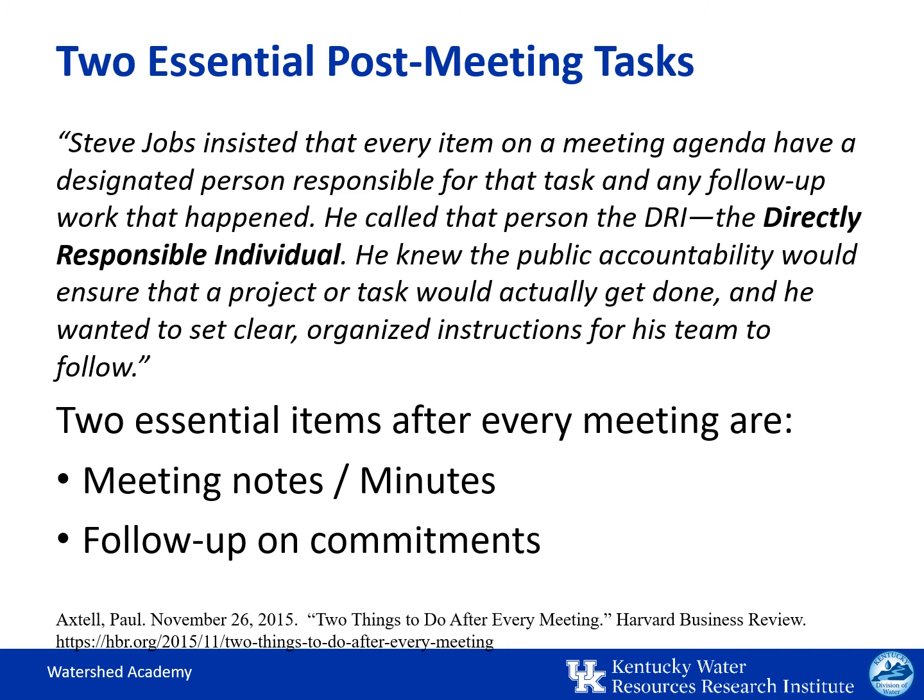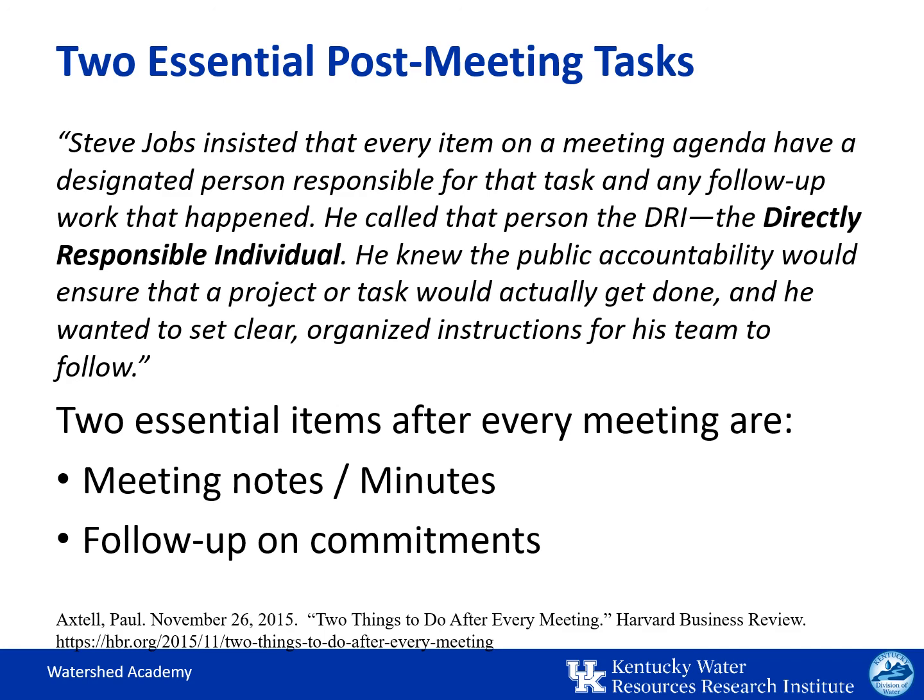He insisted that every item on a meeting agenda had a designated person responsible for that task, and any follow-up work that happened. This is called the DRI, the directly responsible individual. The idea is that they were publicly accountable and they would assure that a project or task would actually get done. And he set clear, organized instructions for his team members to follow.